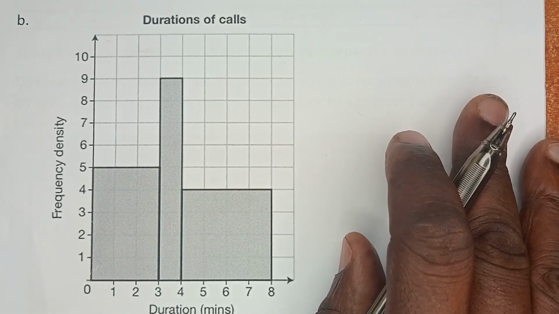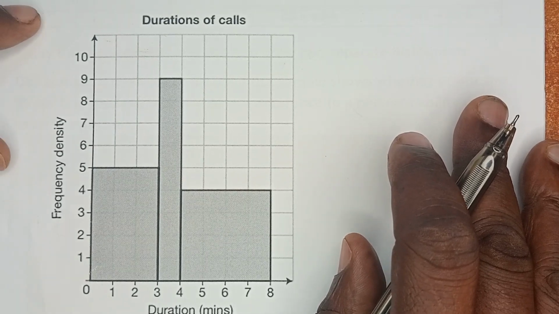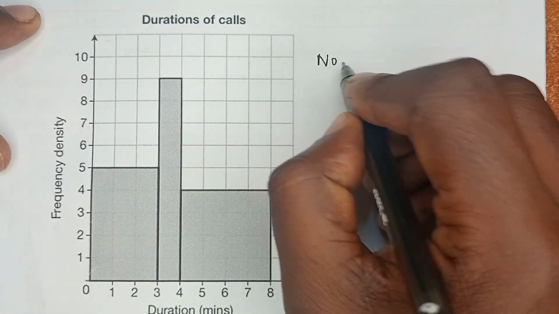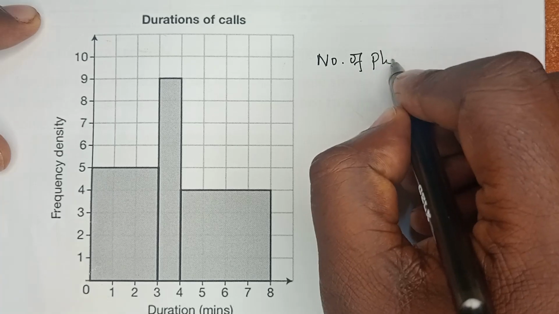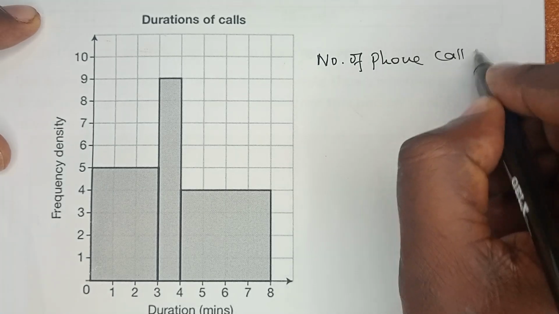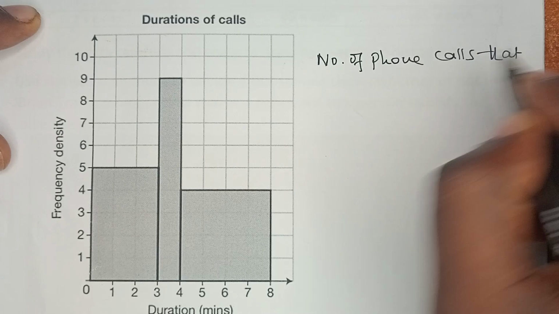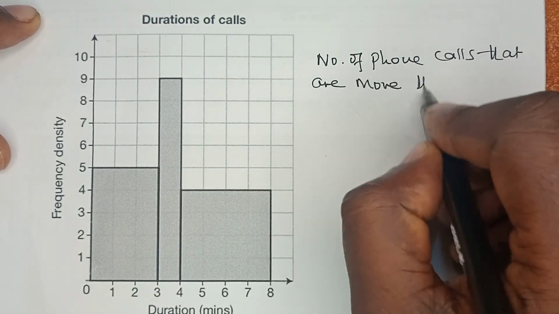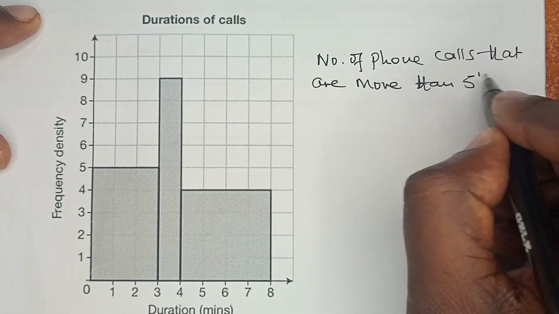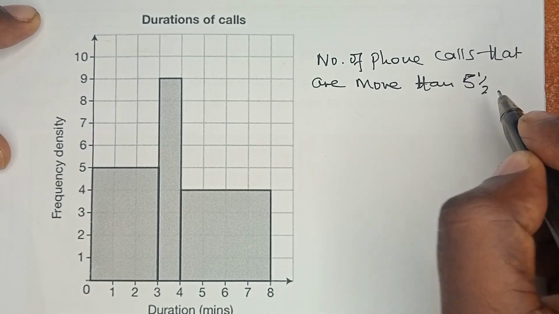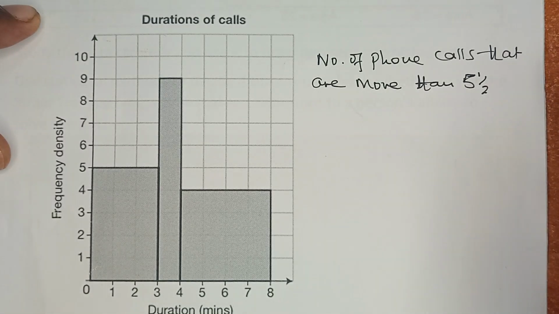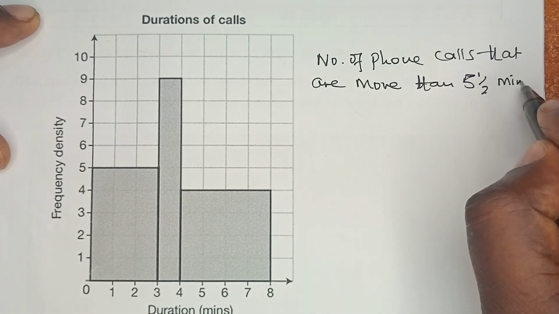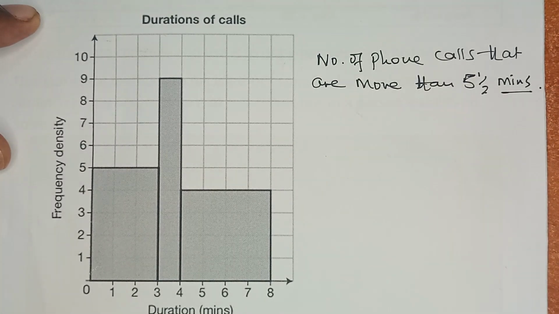We are told to estimate the number of phone calls that are more than 5.5 minutes. That is the question.